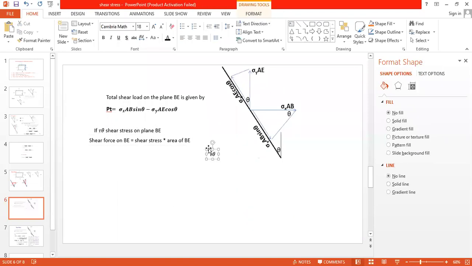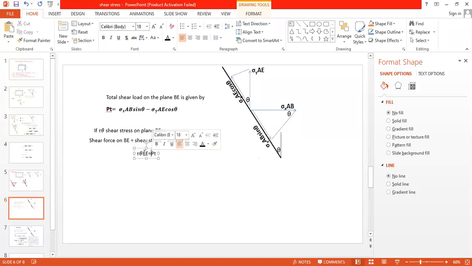And what is the area of B? Yesterday also we took the area of B. It is just B. This is the shear load or shear force on plane B, and it is equal to the PT we have assumed here. Now I will equate this equation and this equation.